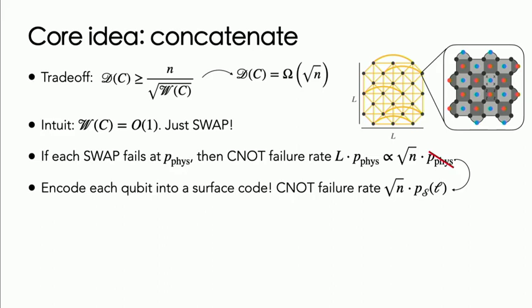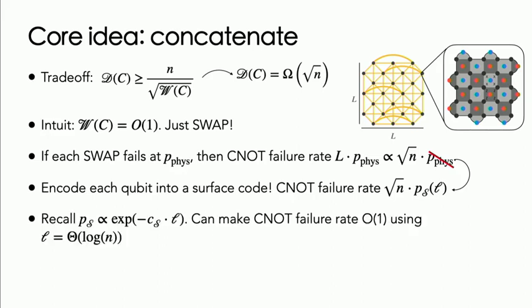And what this then implies is that if we squint, forget about the inner surface code and just look at the outer level LDPC code, the total failure rate is going to scale still as square root n. The distance that you need to move is still L, but the failure rate now is the failure rate for performing logical operations on your surface code. And as we mentioned earlier, the surface code does have a threshold.